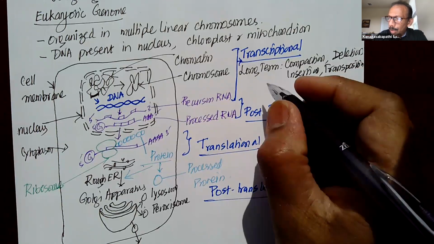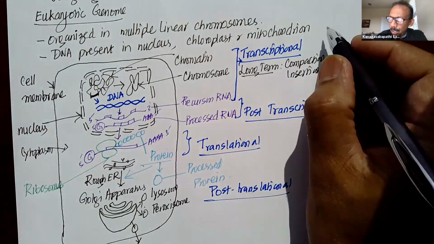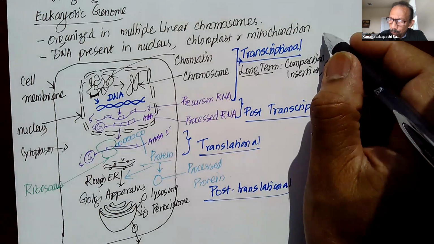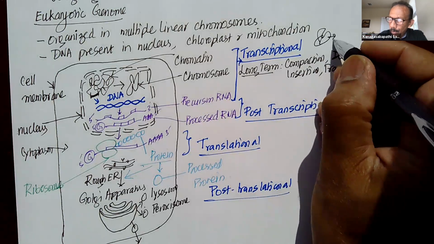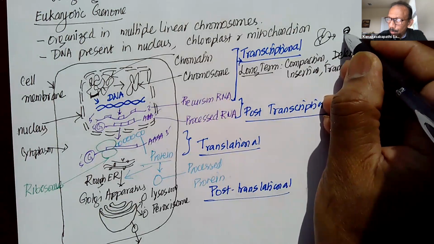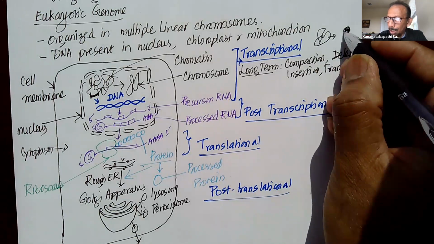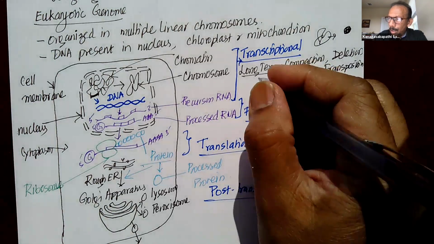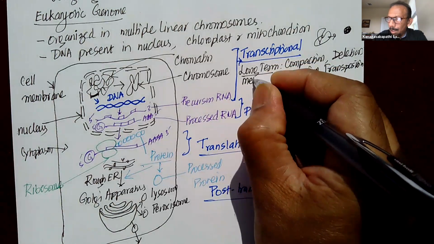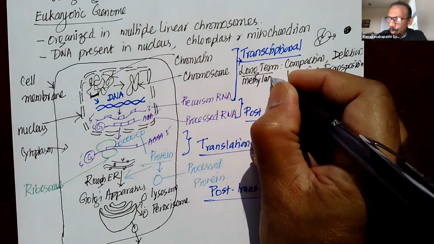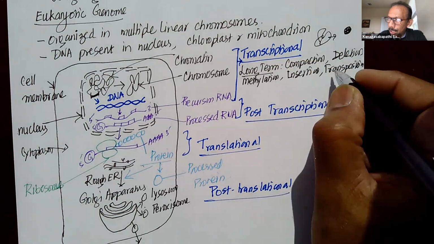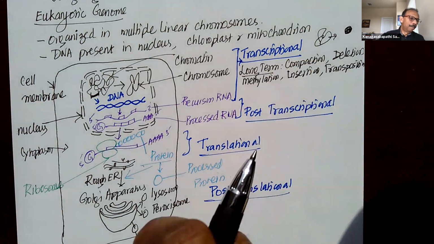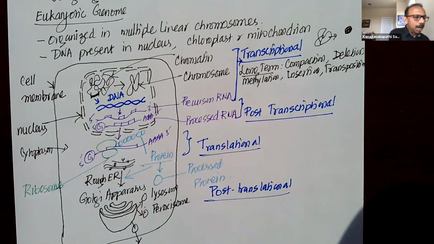The compaction is the DNA, which is kind of loosely dispersed, now compacted so much so nothing will be expressed. Another long term is called methylation, like adding a methyl group to this. And insertion and transposition can happen by genes jumping from place to place.